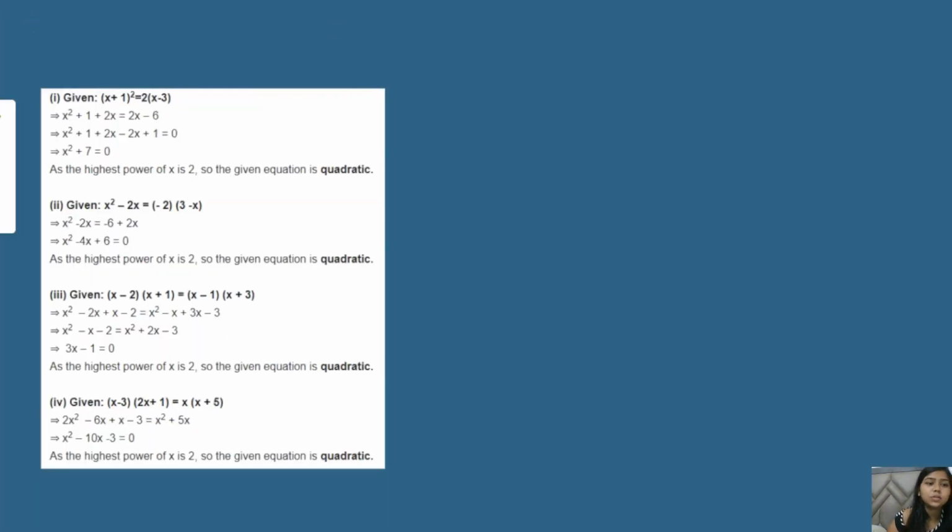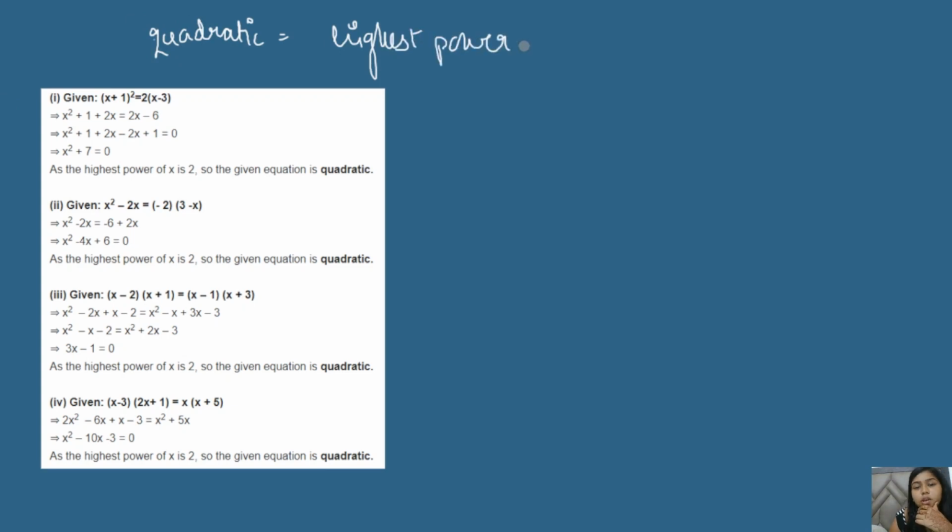Let's move ahead with certain questions I have prepared for you. Our first question is whether the given equation is quadratic or not. How will you find out whether an equation is quadratic? For any equation to be quadratic, the highest power of x must be equal to 2.